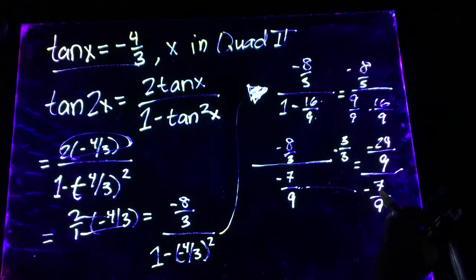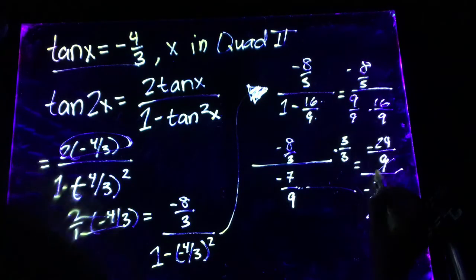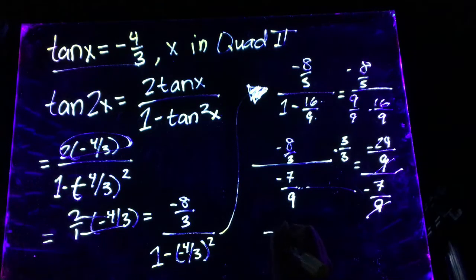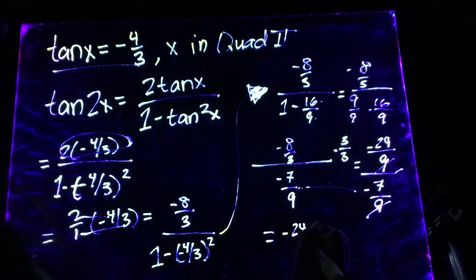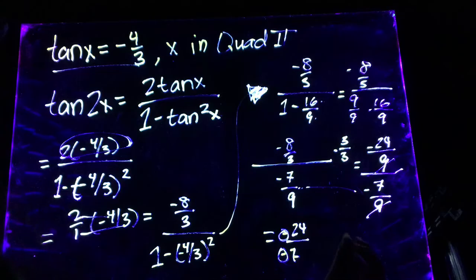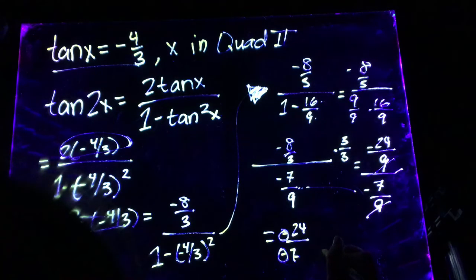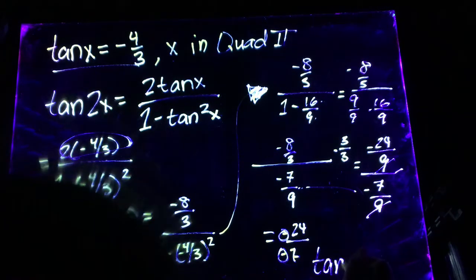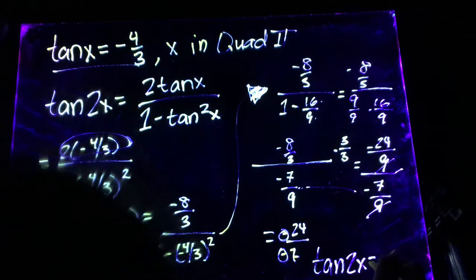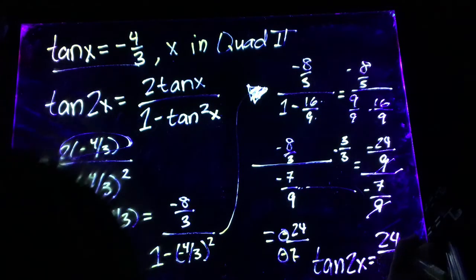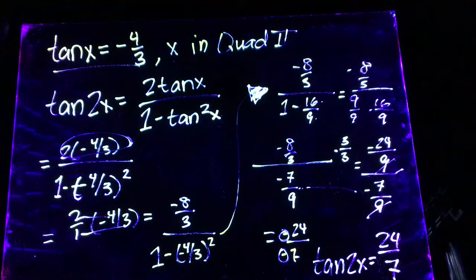And so these 9's are both in the denominator, so we can cross them out. And that leaves you with negative 24 over negative 7. These negatives cancel each other out. And so you're left with tan of 2x equals 24 over 7. And that is how you solve for tangent using the double angle formula for tangent.